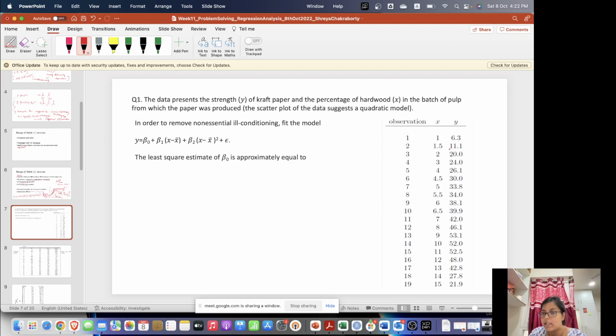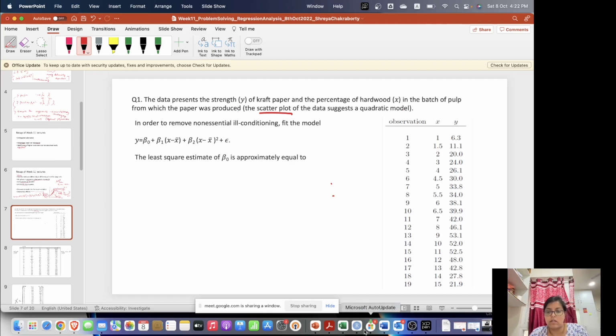Here the rate is fairly 0.5 to 1, and here you see it's 6, then 11, then 10, then it grows abruptly, and then again it's reducing. So if you plot the scatter plot, you will see that it is not really a straight line fit, it's kind of a curve fit. The scatter plot also suggests that it is a quadratic model.